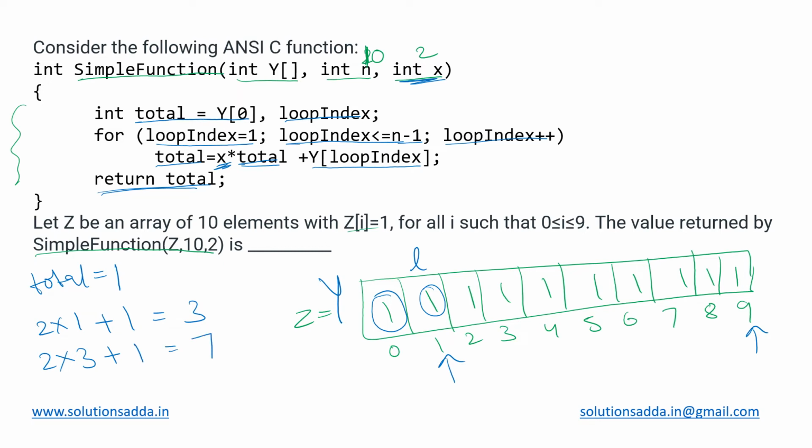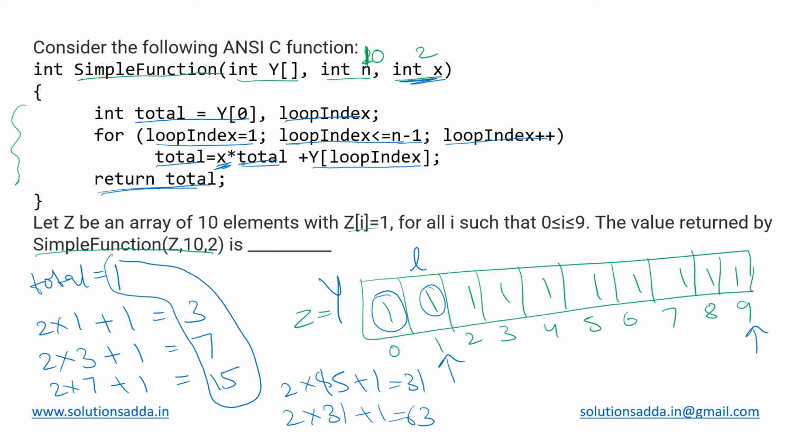In the next iteration it will be 2 times 7 plus 1, which means 15. Then 2 times 15 plus 1, that is 31. Then 2 times 31 plus 1, that is 63. So as you can see, it is taking up all the values which are powers of 2 minus 1.